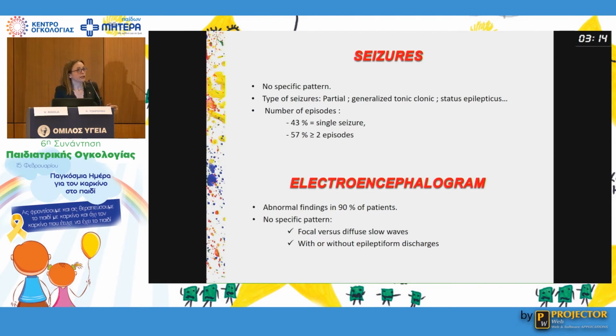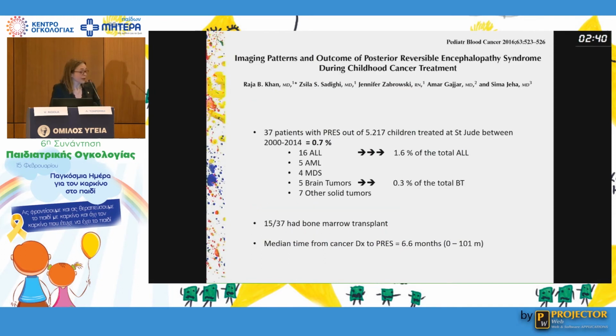Now, although the diagnosis relies on the MRI of the brain, the electroencephalogram can be a useful tool because it can help in distinguishing the epileptic versus non-epileptic nature of neurological signs, and also it can help in detecting a non-convulsive status epilepticus.